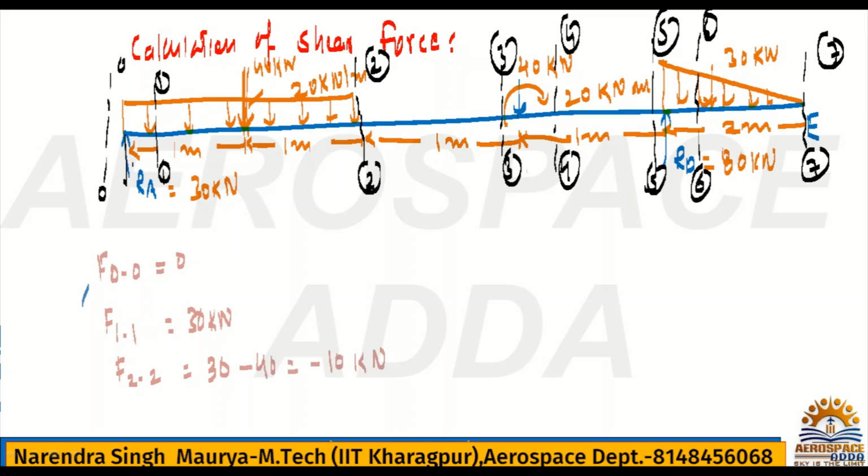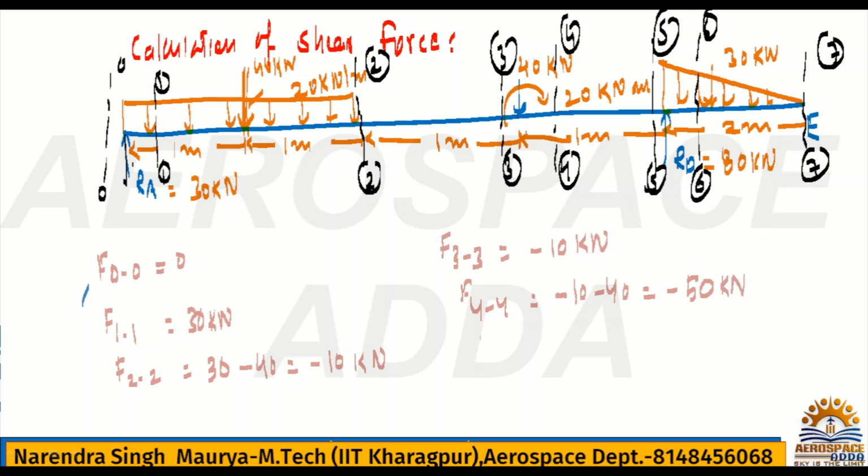Now coming to F33, between 2 and 3 there is no force, so it is the same, minus 10 kilonewton. For F44, the 40 kilonewton will be considered, which is downward, so it is minus 10 minus 40 becomes minus 50 kilonewton.